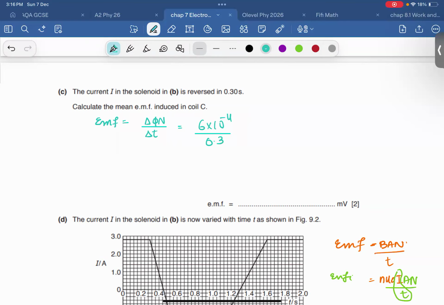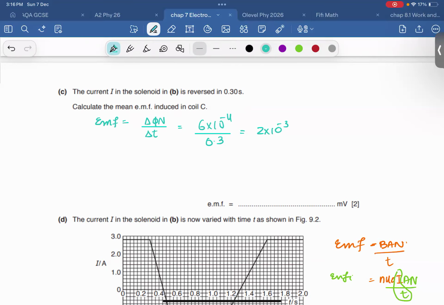How much? 2 into 10 to the power minus 3. So 2 exponent negative 3.